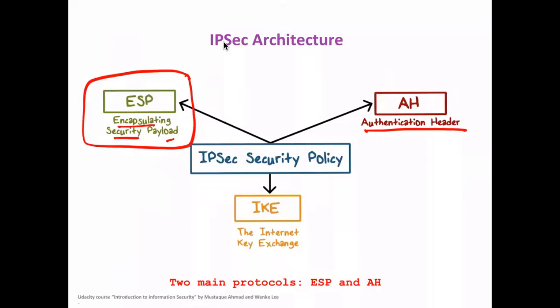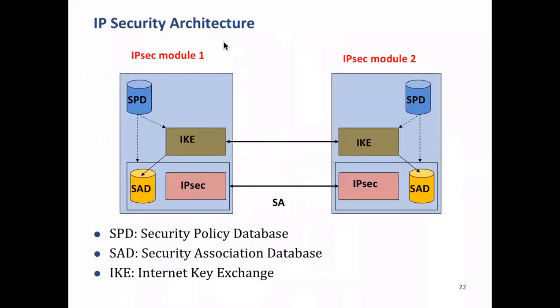So the encapsulating security protocol can do encryption, usually the important function, or it can also do encryption plus authentication. Well, AH can only do this kind of headers, can only do authentication. Okay, so these are the two.